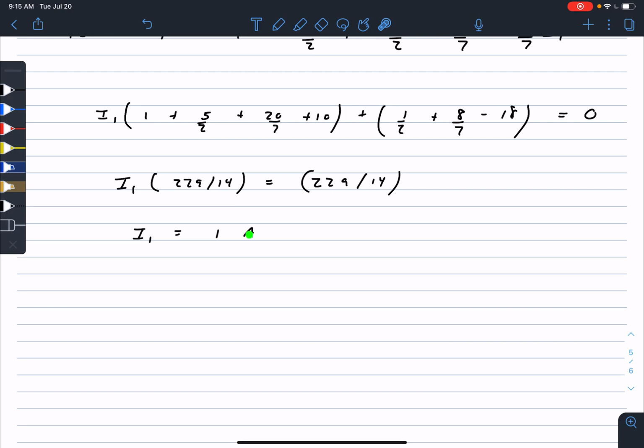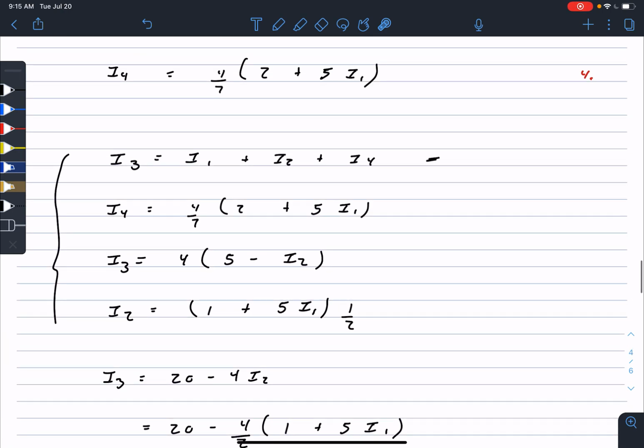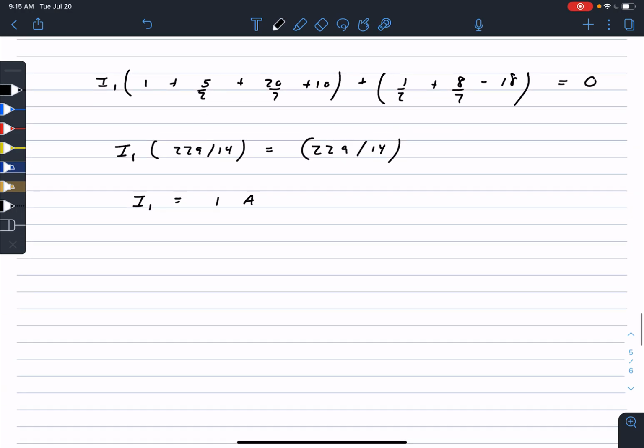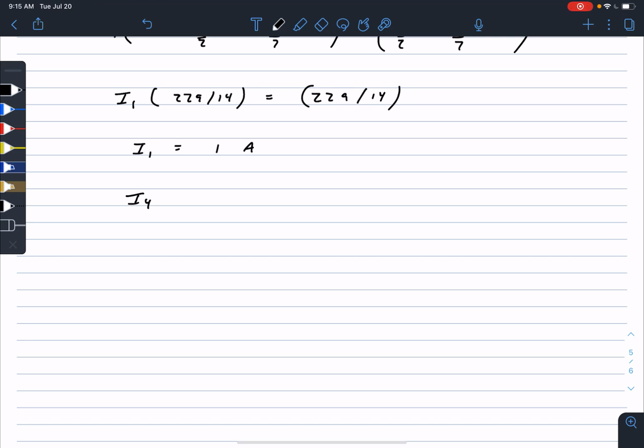Okay, so then you plug this into, say, I4, and then you plug it into I2 to get those values. So I4 is equal to 4 over 7 times 2 plus 5 times I1, which is 1. So that's equal to 4 over 7 times 2 plus 5.